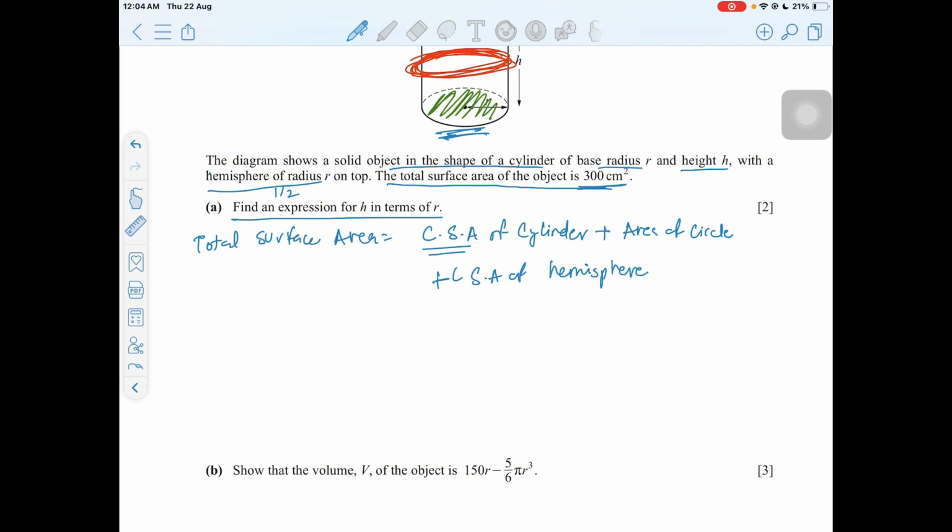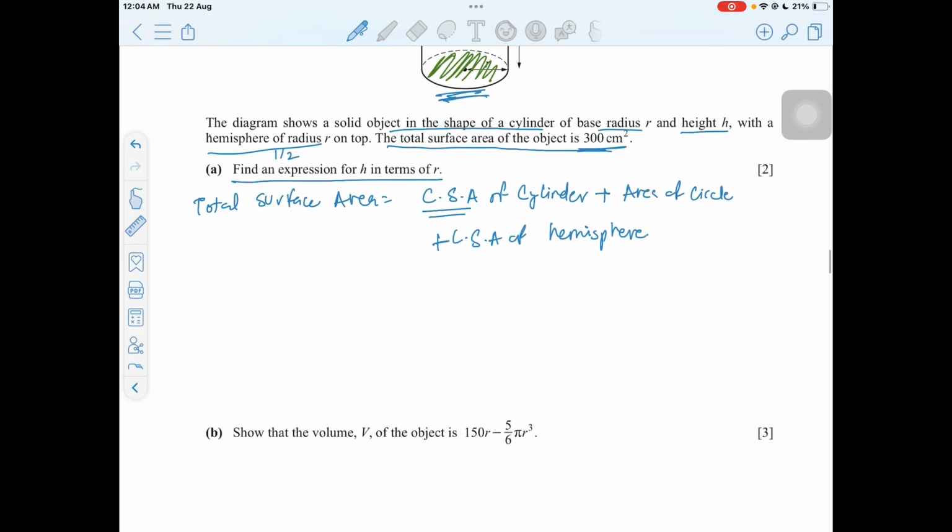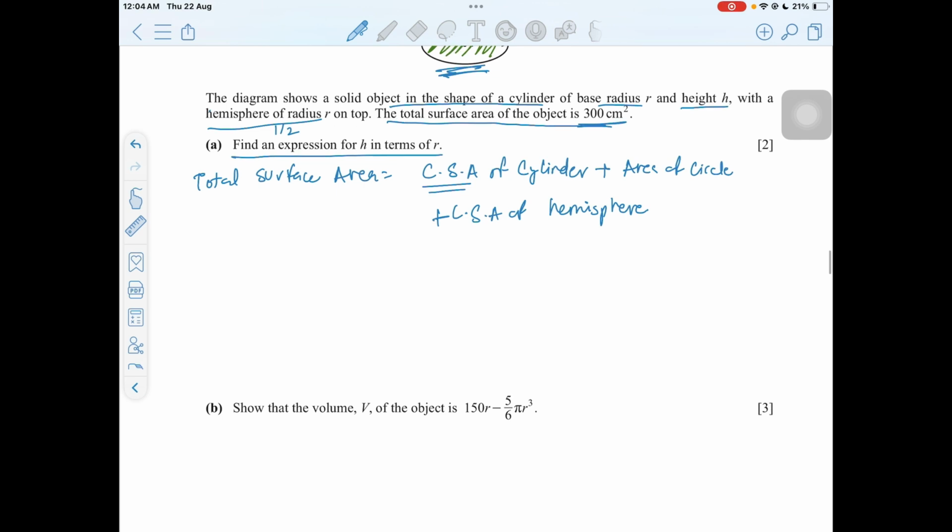This is basically a curved surface area because total surface area includes the base, that is the circle, right?